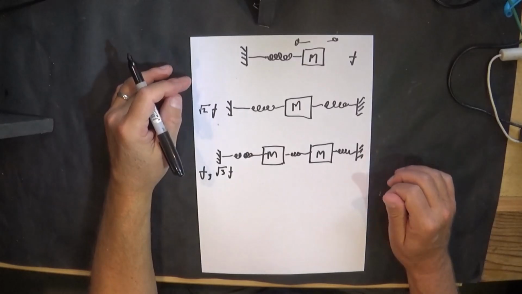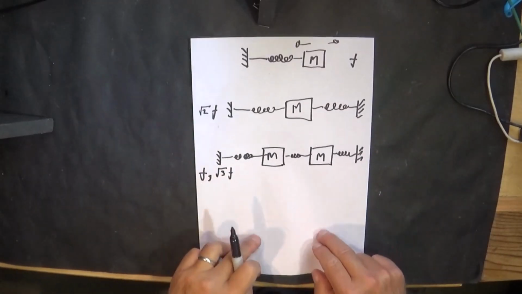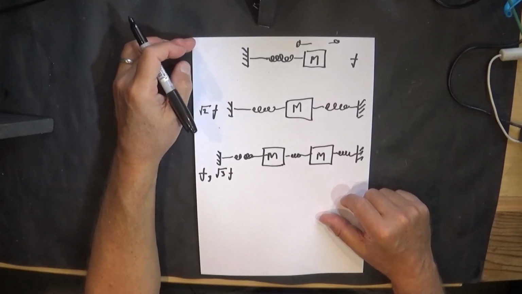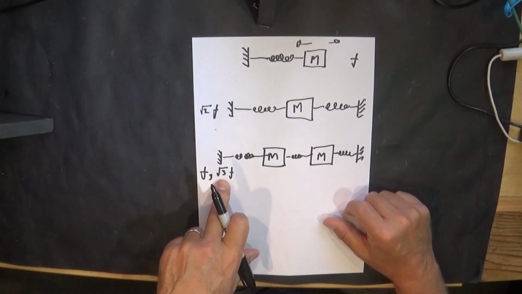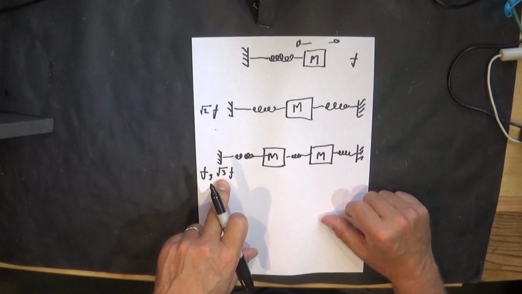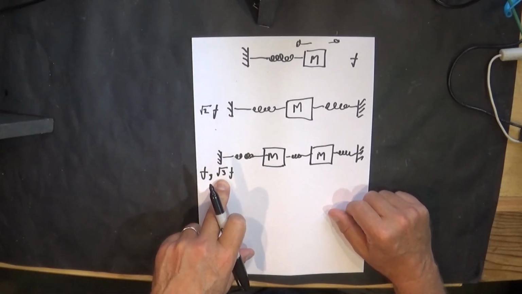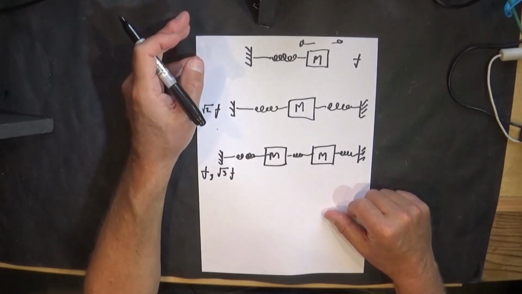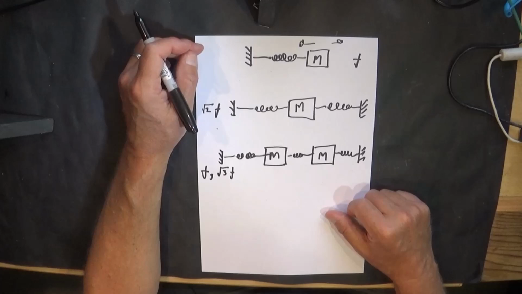Now we can then go on to 3, 4, 5, 6 and 7 and however many, and we found that they all have these funny square root terms and produce very inharmonic spectrums, which is not what we want to make a harmonic instrument.